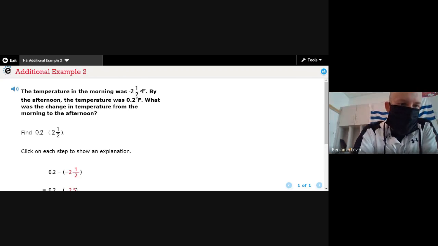So what we're going to have is 0.2 plus 2.5. Now we need to make this into a decimal, right? We need to make that into a decimal so that they're the same.